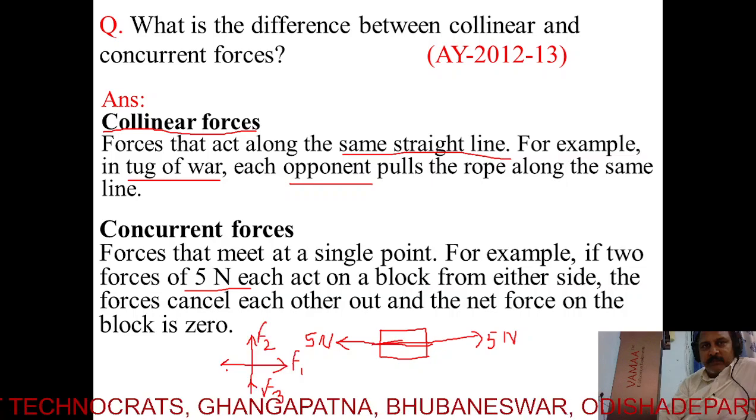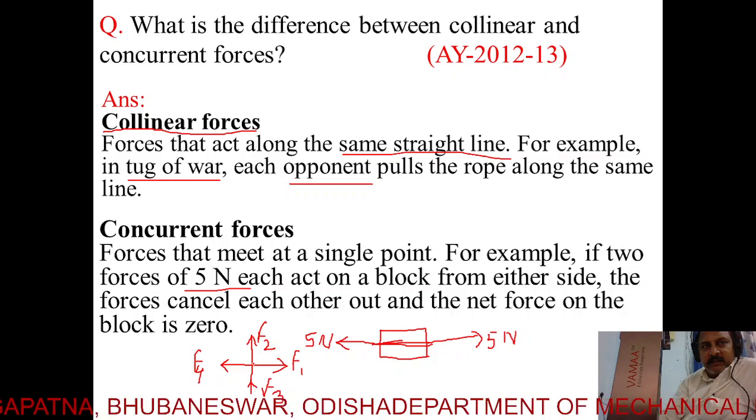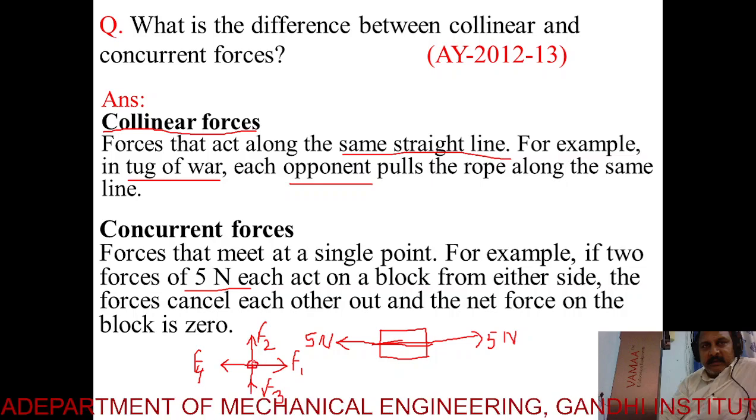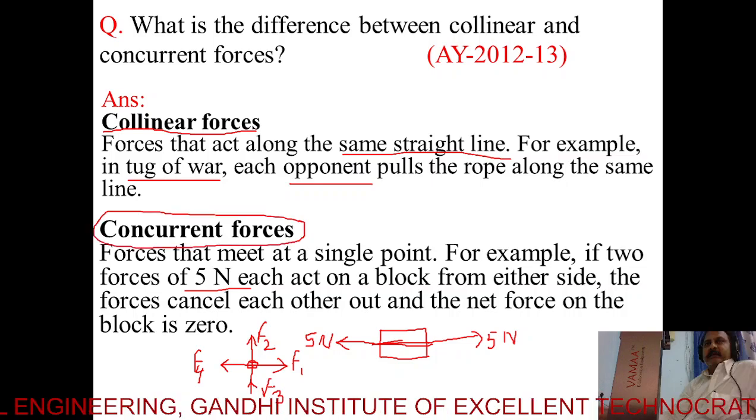Now here you can see all these forces have the same point of action, or all the forces are meeting at a particular single point, and this is the point. So all these forces are termed as concurrent forces. All the forces which are meeting at a single point are known as concurrent forces.